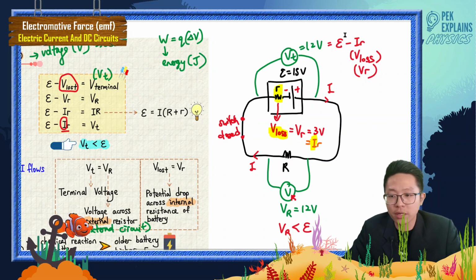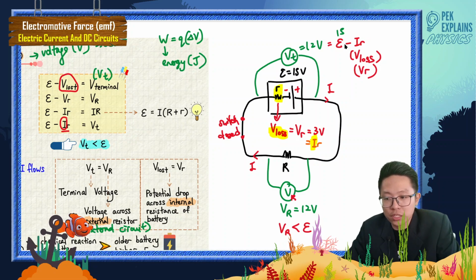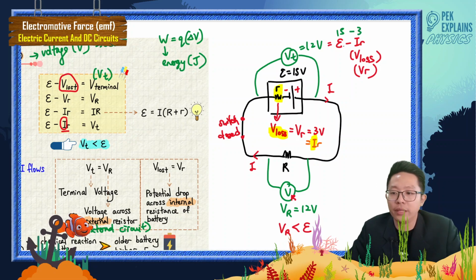So instead of getting the terminal voltage equal to the EMF, the 15 volt, there is a voltage loss of 3 volt. That's why you only get 12 volt for the terminal voltage. The external VR also gets only 12 volt, because it is equal to the terminal voltage of 12 volt. Understand?